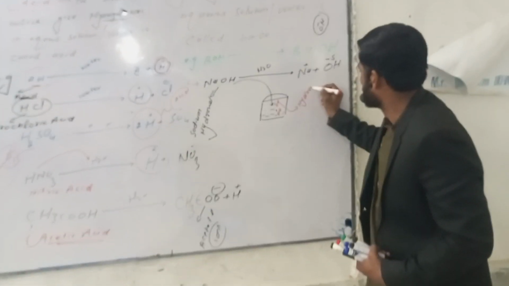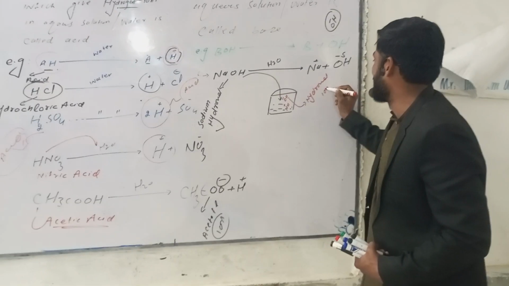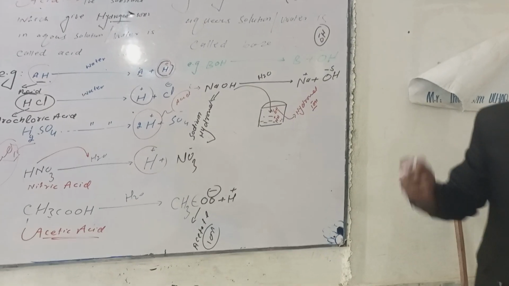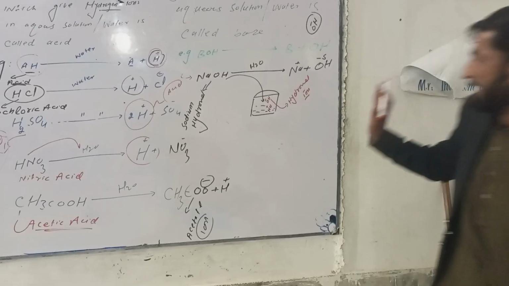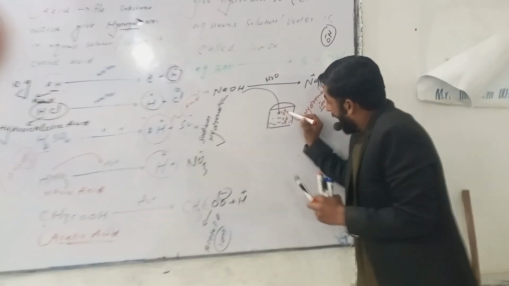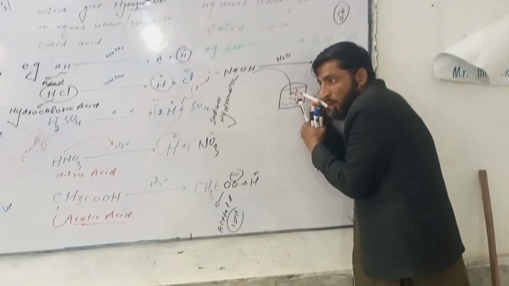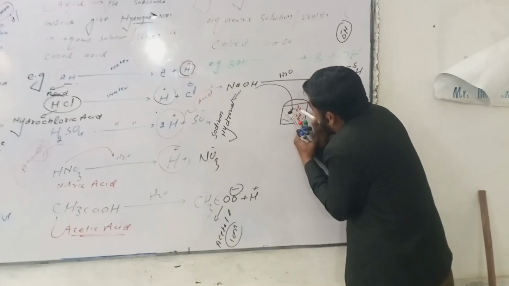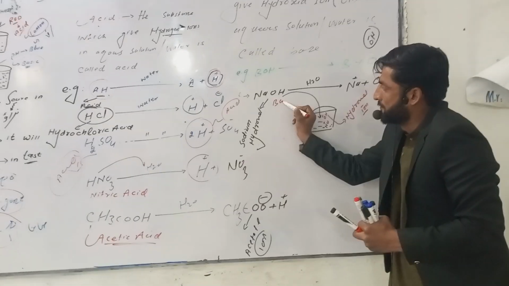Due to this hydroxide ion, this substance is called a base. Why? Because in this beaker OH ion is available right now. Due to this OH ion, we can say this substance is base.